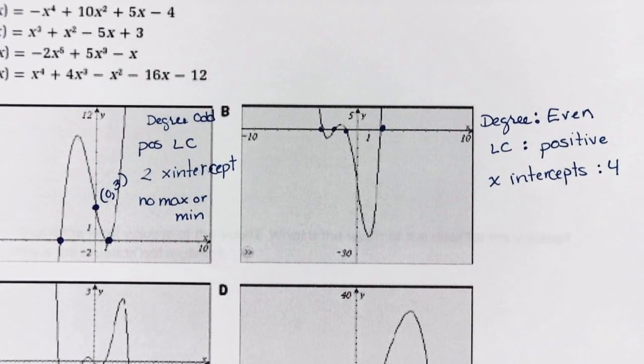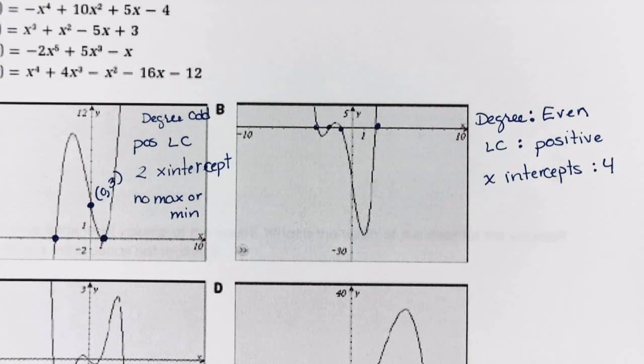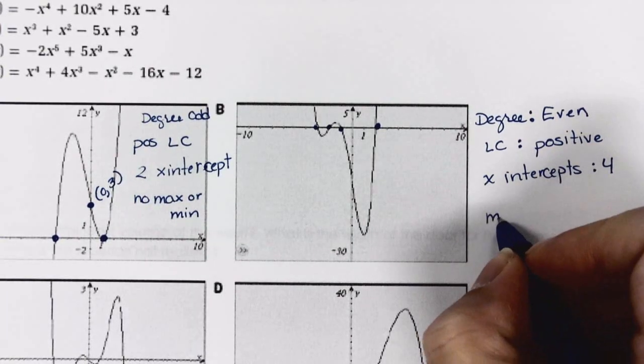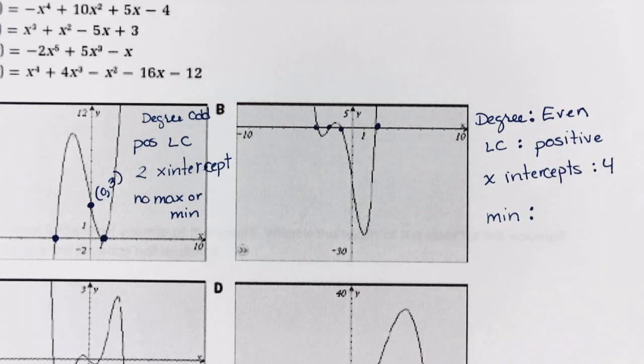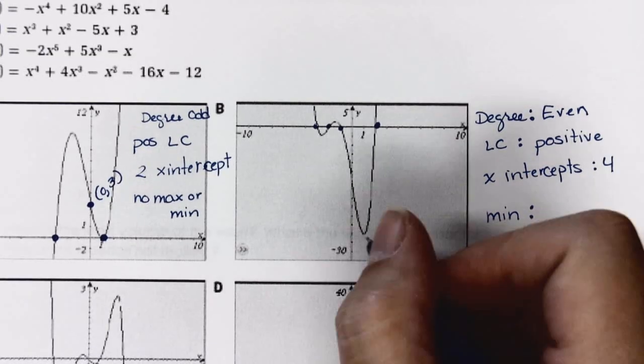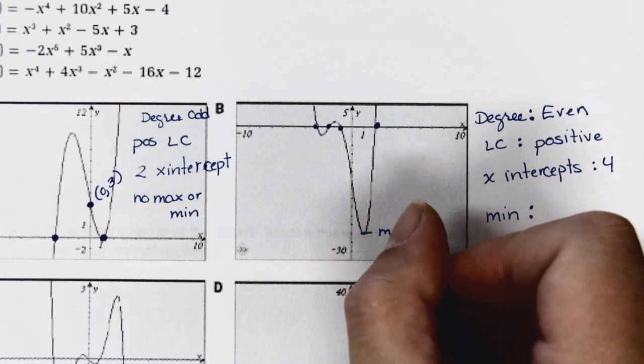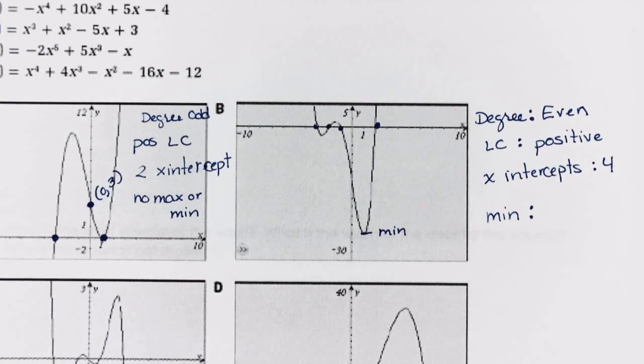Max or min? There is a minimum, but there's no max. Okay, what's my minimum at? We would say this would be my minimum here. My minimum isn't my y-intercept. It can be, but it's not always.